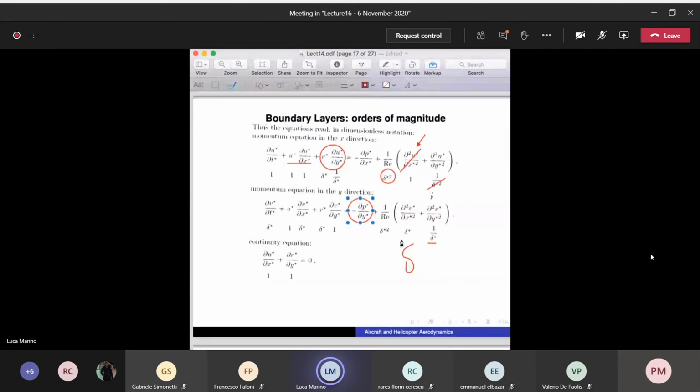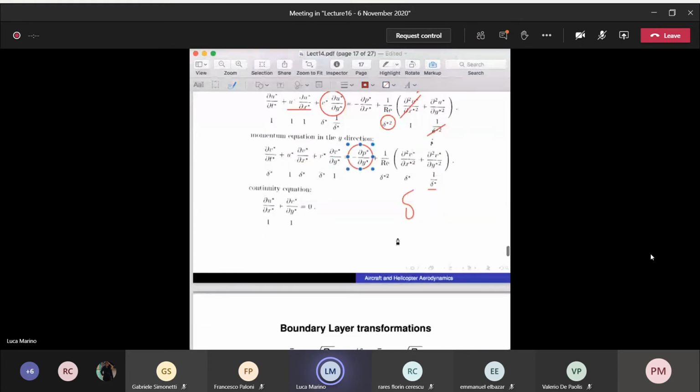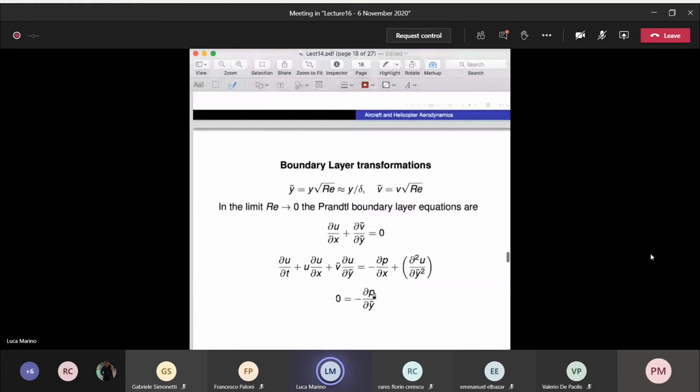Exactly. Now we arrive to the comment of your colleague, because the dp over dy equal to 0 means that the dp over dx is not a partial derivative, but an ordinary derivative. This means that p is not a function of y, but only of x.